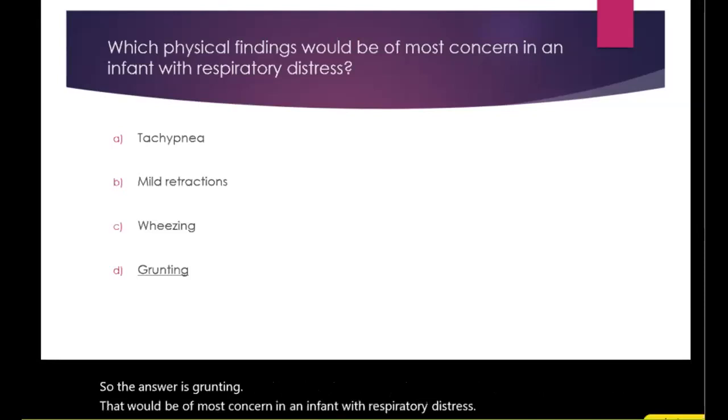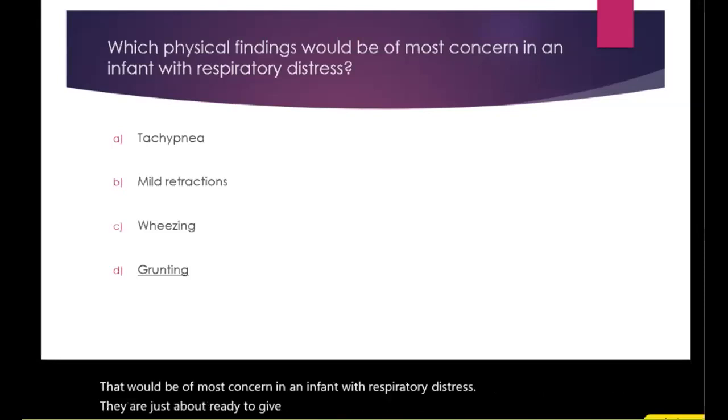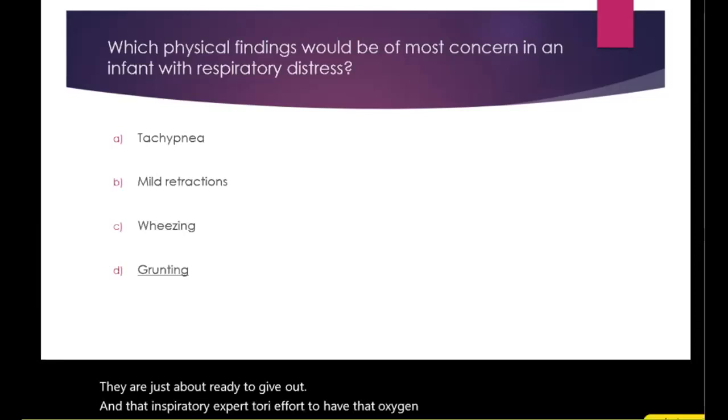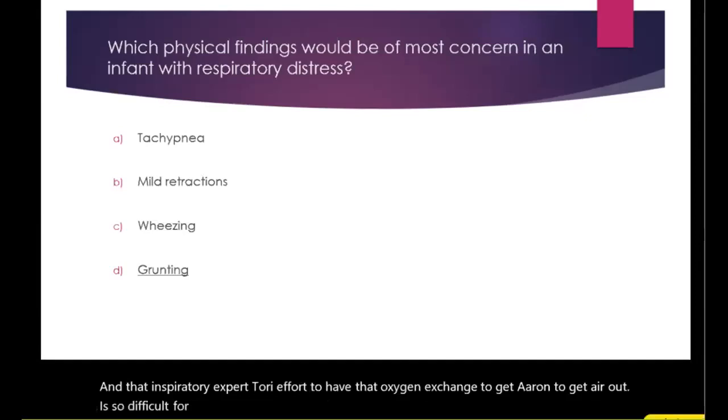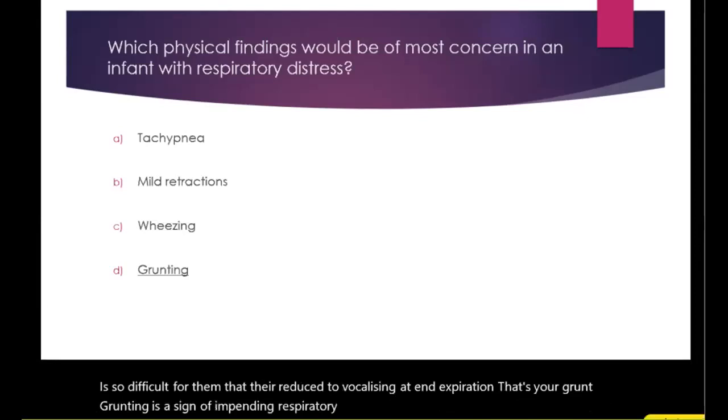They're just about ready to give out, and that inspiratory, expiratory effort to have that oxygen exchange, to get air in, to get air out, is so difficult for them that they're reduced to vocalizing at end expiration. That's your grunt. Grunting is a sign of impending respiratory failure and is very concerning.